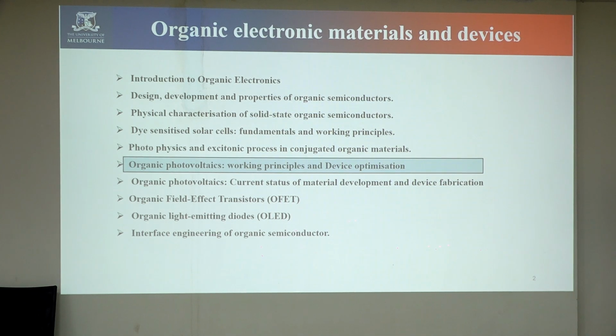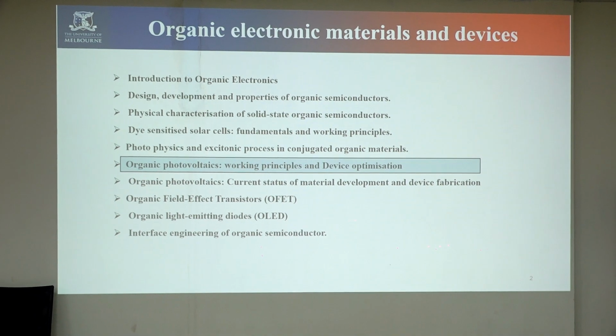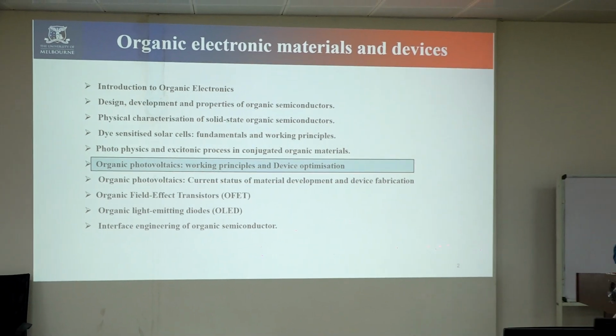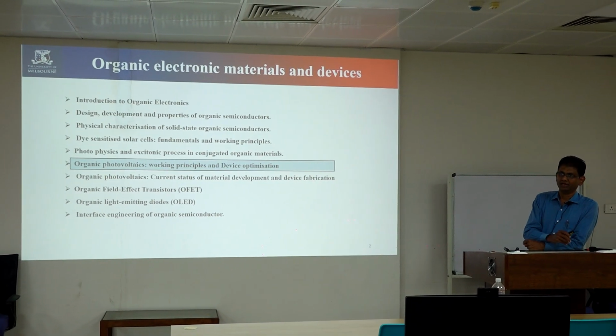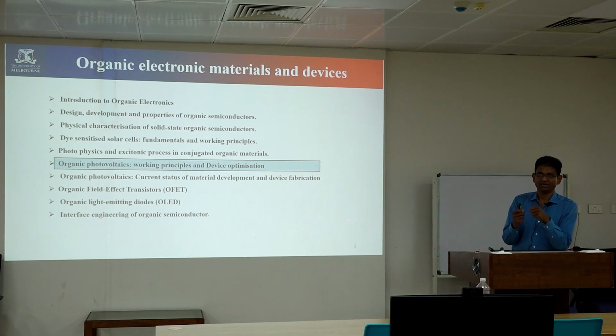After selecting the material with suitable energy levels, we incorporate it into the device, in terms of what device architecture we are going to take, what device interface layer, and what contact.